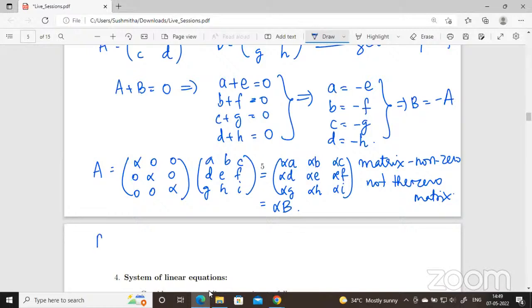What about B times A? Ma'am, it should be alpha cube, right? No, that's in determinants. Even then, it won't be alpha cube. If it was to find the determinant, it would be alpha cube.